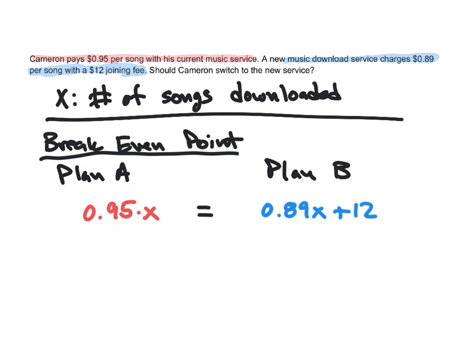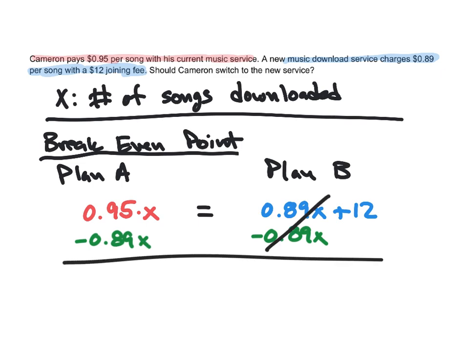So when I'm going through and solving this equation, I've just got one x term on the left side and one on the right side. I'm going to move this 0.89x over to the left side. So I'm going to subtract 0.89x from both sides.